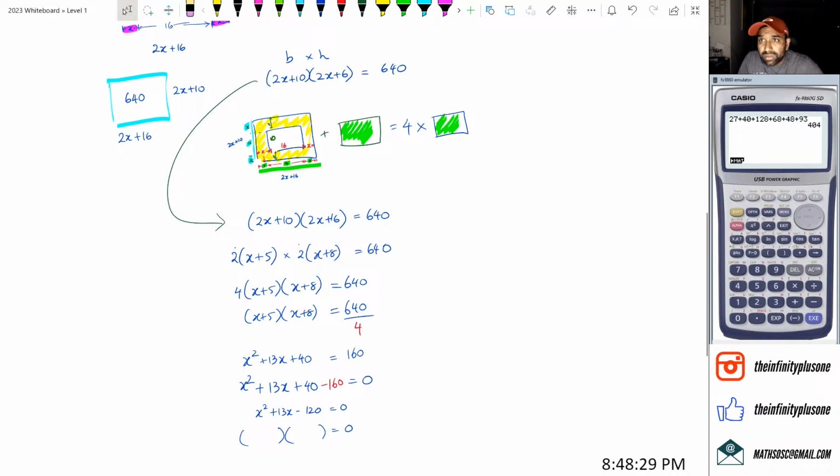Yeah, I can't see what I've made a mistake with, but let me just have a look. 2x plus 16, 2x times 10, that all looks right. 4x squared, x squared, 13x, 40, that looks right as well.